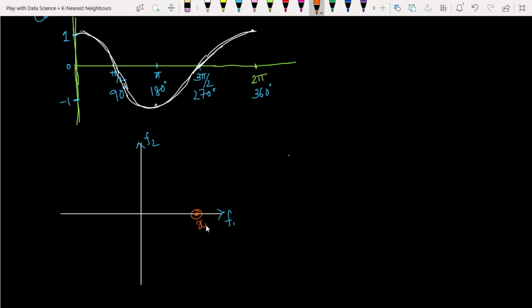x1. Here we have another point x2. Suppose here we have another point x2.